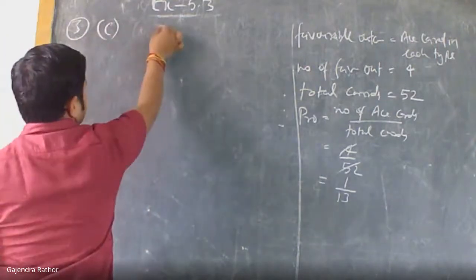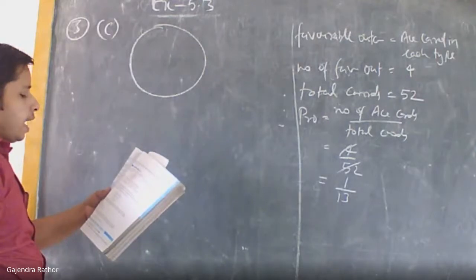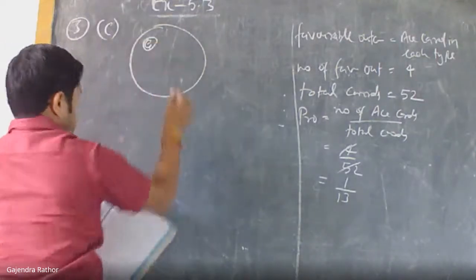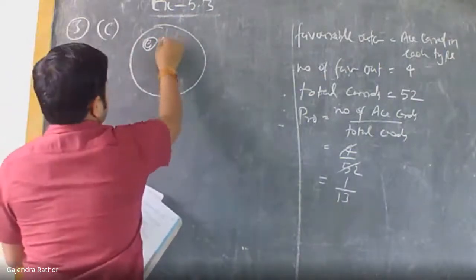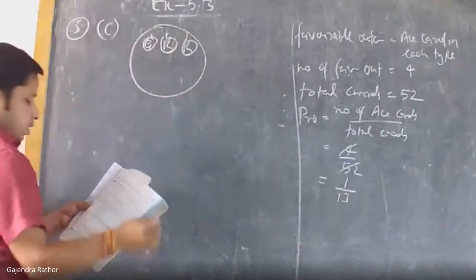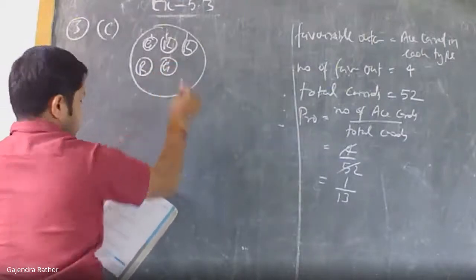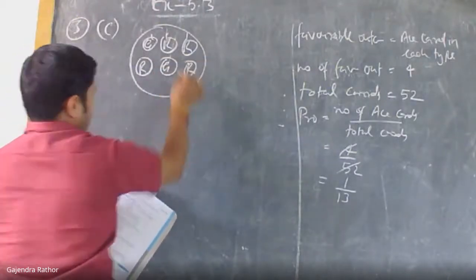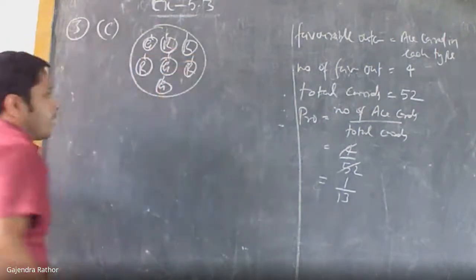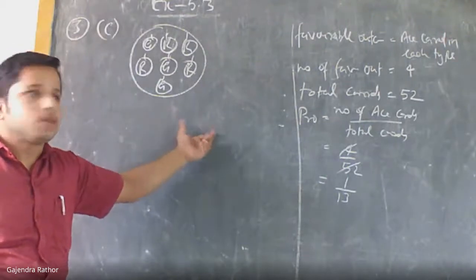See, one circle, and in this circle there are 7 apples. G, R, next R, next G, R. Okay, in the circle, here are 7 apples.